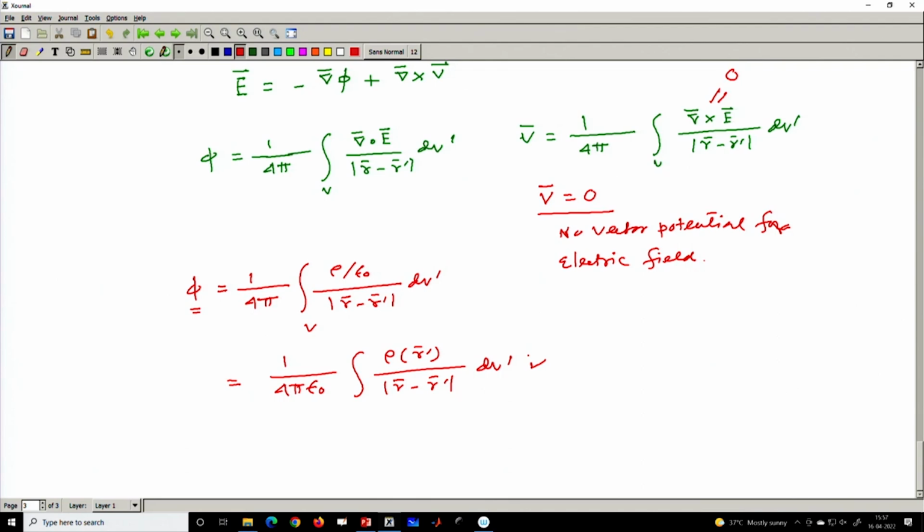So, we wanted to define the vector potential and the scalar potential for the electric field, and since curl of E is equal to 0, that gives me that there is no vector potential associated with the electric field, but we have the scalar potential for the vector field, which is called the electrostatic potential. For the magnetic field we are going to see that the vector potential is non-zero, but there should not be any scalar potential. So, with that note I would like to conclude today's class.